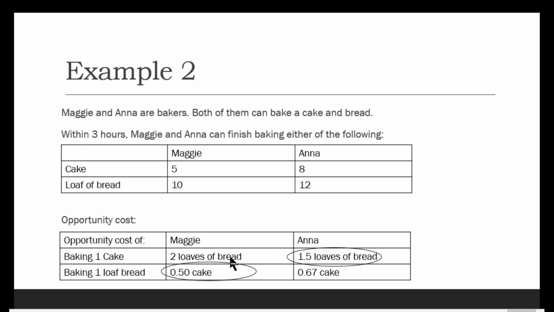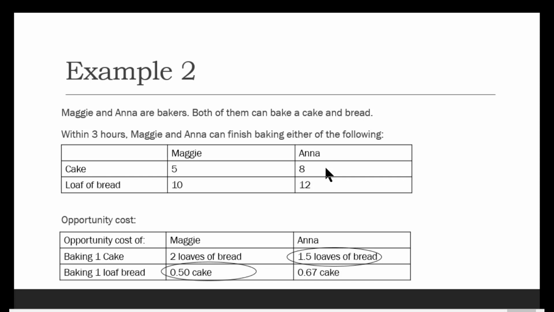She will lose 1.5 loaves of bread. How do we get that? We have to get the ratio of the 8 cakes and 12 loaves of bread. So that will be 12 over 8.